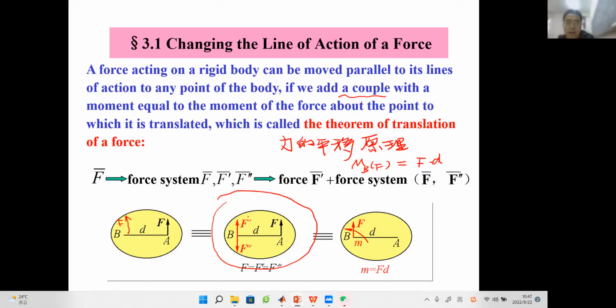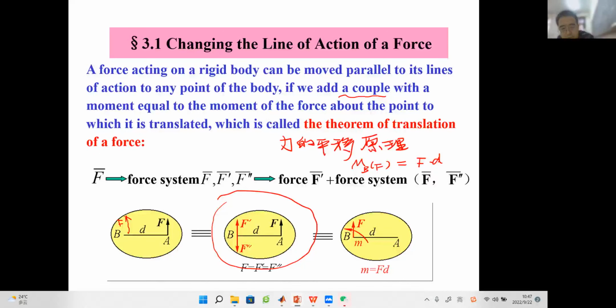Because we have that principle, we can add or subtract a balanced force system on a body without changing its original state, right? Then you can find that this F double prime and this F constitute a what? A couple, right? So it can be denoted like this.